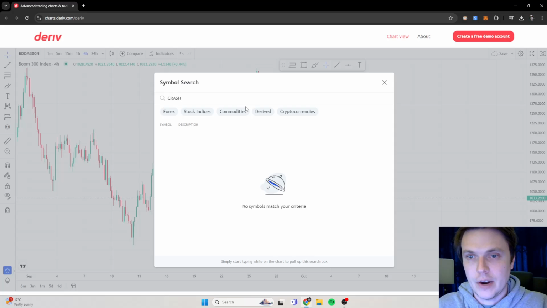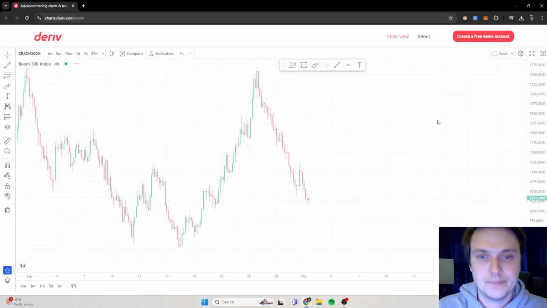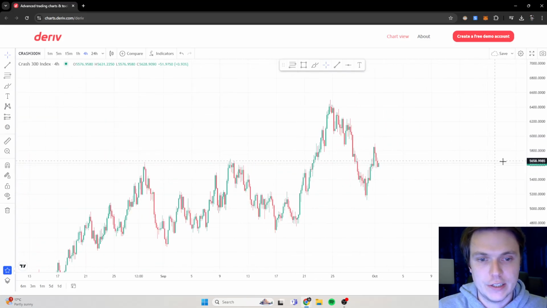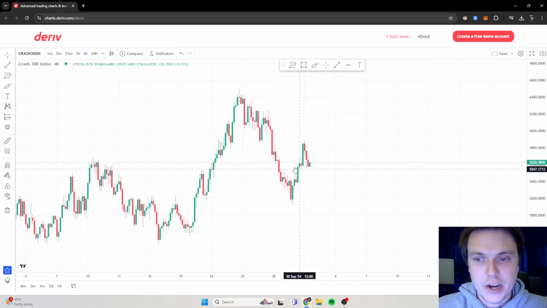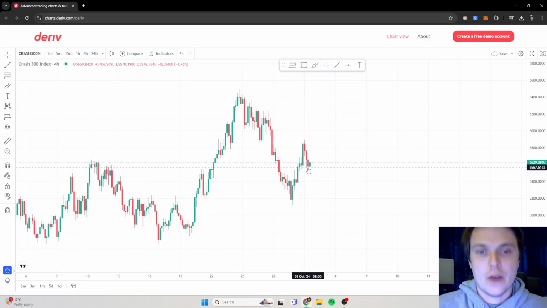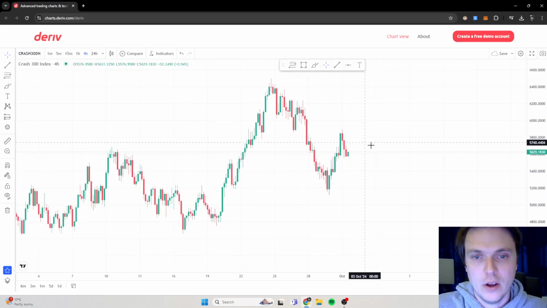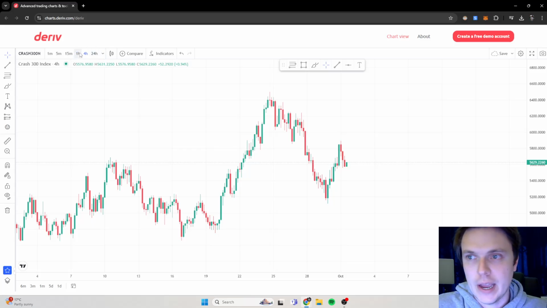Let's quickly look at Crash 300. Okay, Crash 300. Let's see what's going on here. Crash 300 looks like something that is currently actually on a bullish move, but maybe not. So I'm going to quickly look at the 1-hour.